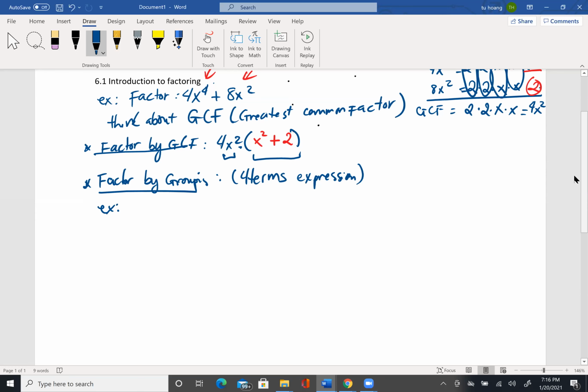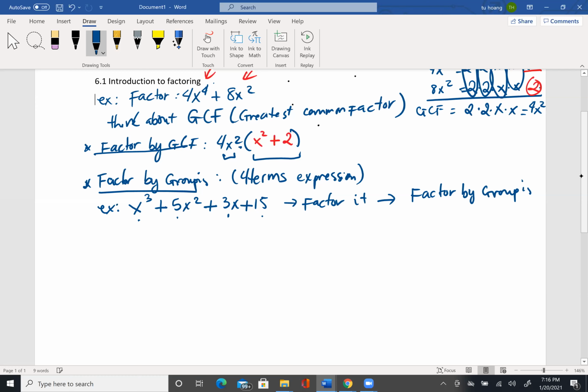So I have x cubed plus 5x squared plus 3x plus 15. And then I say, hey, can you factor it? Okay, so you're gonna say, oh, how many terms do I have? 1, 2, 3, 4. So you have 4 terms. You have to think about factor by grouping. Okay, if you see 4 terms, you want to think about that.